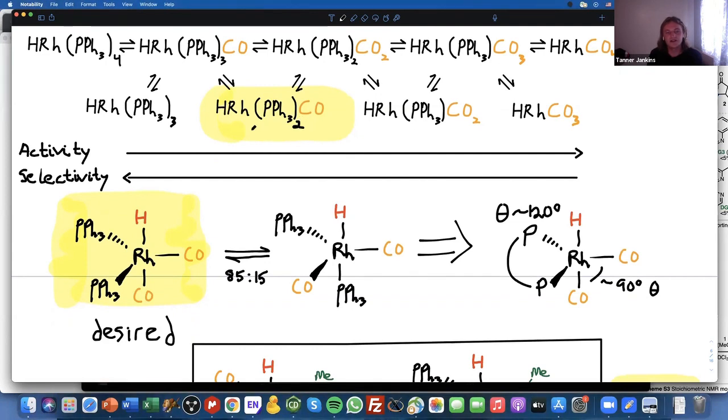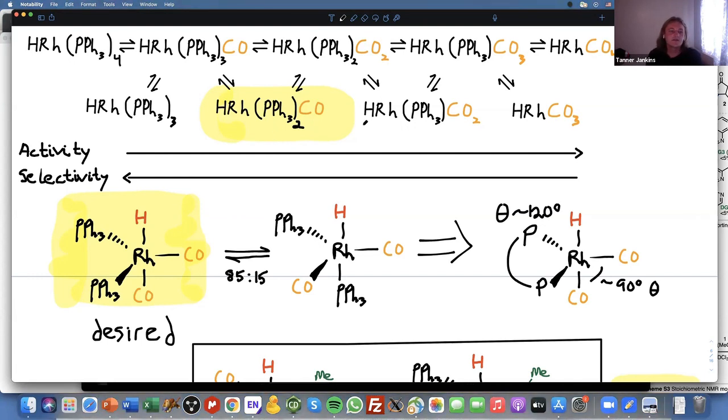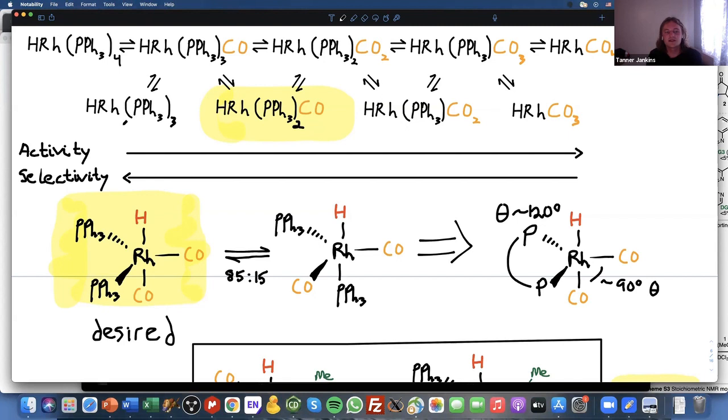And so I've highlighted here the rhodium bisphosphine complex, which is the perfect balance between reactive and selective for the linear aldehyde. Typically, as you add more phosphine, you can get a more selective process and give the linear product in higher yield.